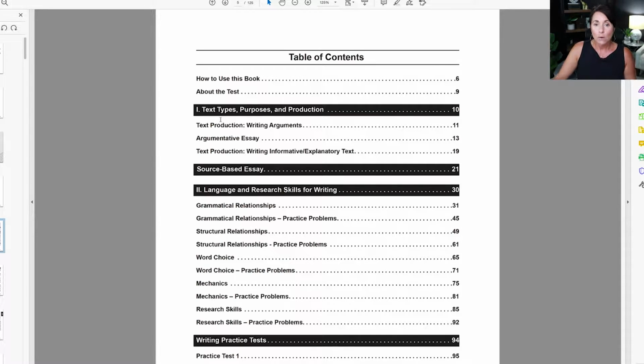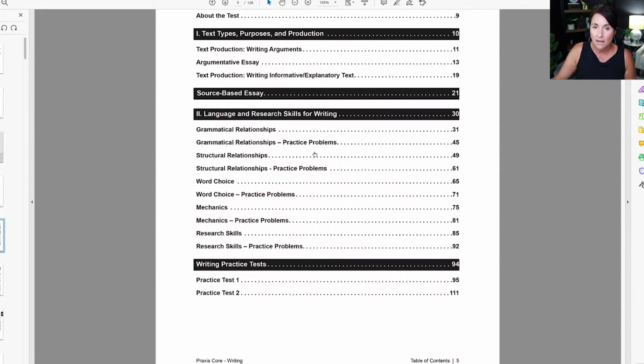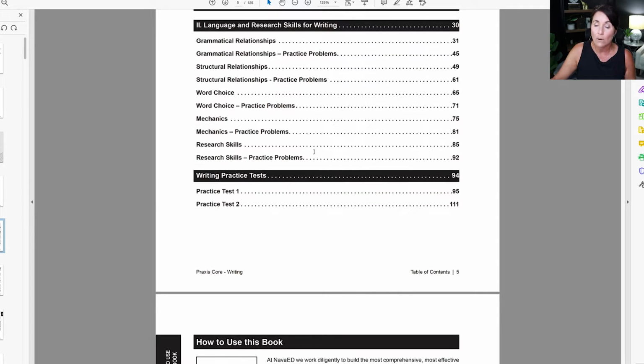All right, now, again, it's going to start with, you can see here, text types and purposes, and this is the argumentative essay and the source-based. I'm going to skip down for now, and I'm going to start with our multiple choice. Please work on that grammar. Sometimes I see people's writing, and they say, I can't pass the writing, and I see why, because there's a lot of grammatical mistakes.